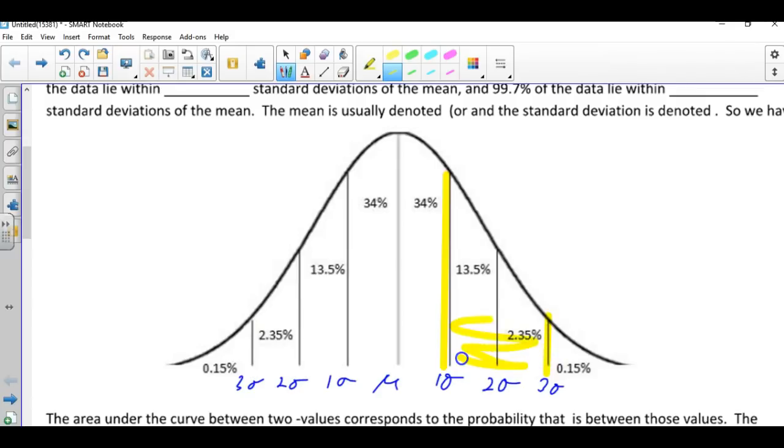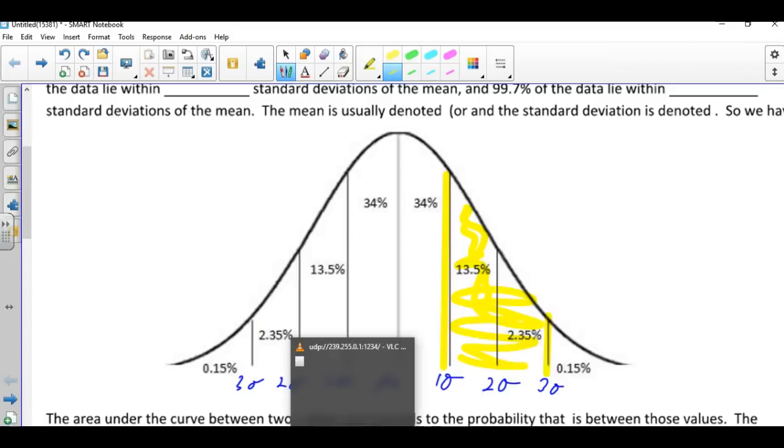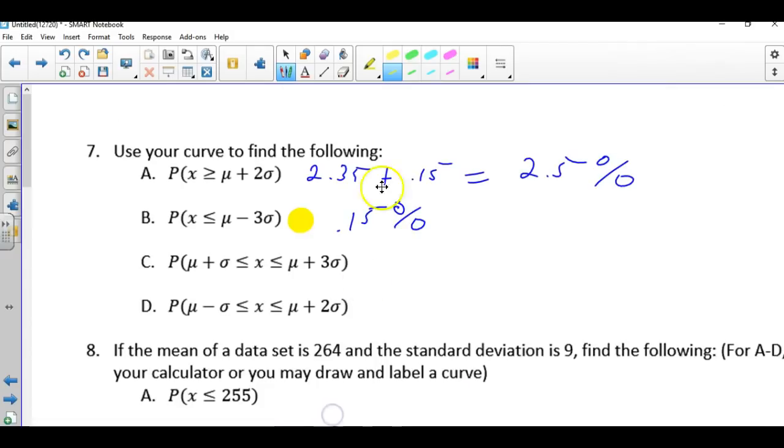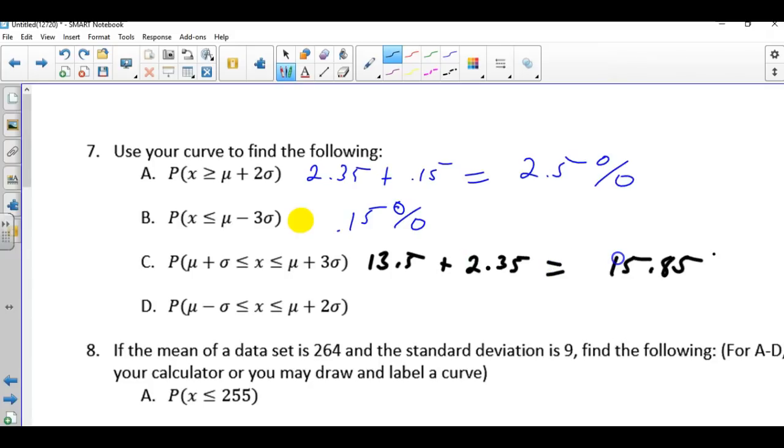So we want the X in between. That's all in between. So we add that up, 13.5 and 2.35, and that gives us 15.85%.